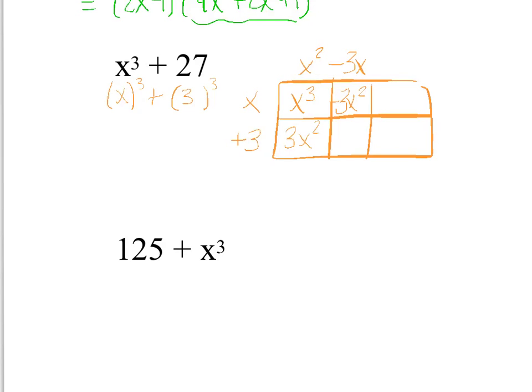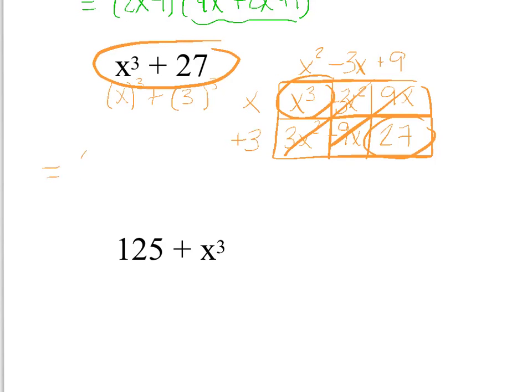And negative 3x times 3 gives me a negative 9x. And so then if I put a positive 9x up there, they'll cancel out. So to get 9x, I need a plus 9 here. And 9 times 3 is 27. So these guys all cancel out, and I'm left with x cubed plus 27, which is exactly what I wanted. So that equals x plus 3 times x squared minus 3x plus 9.